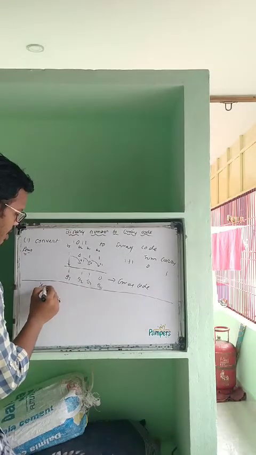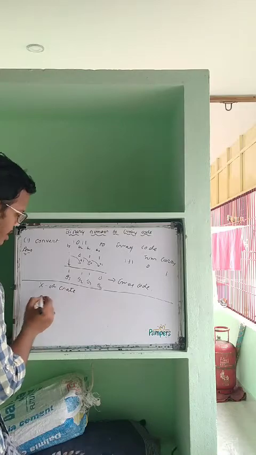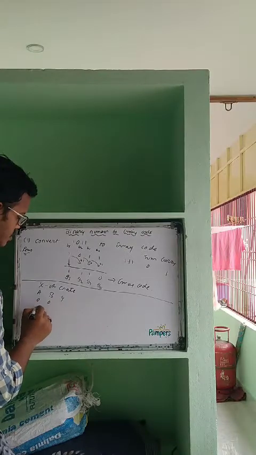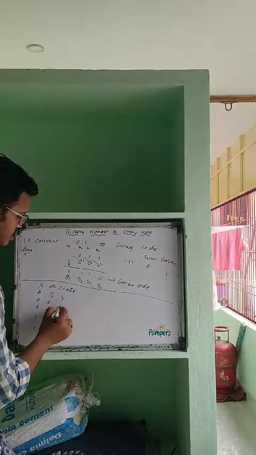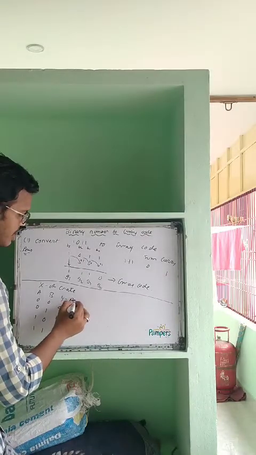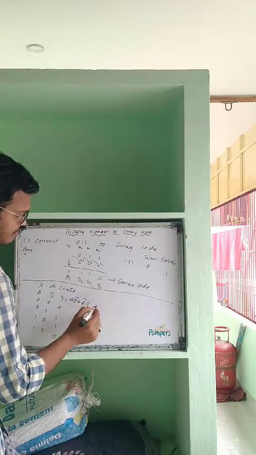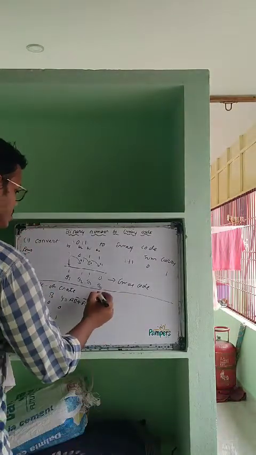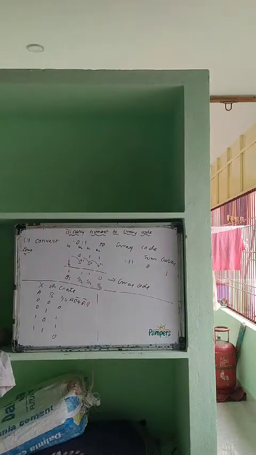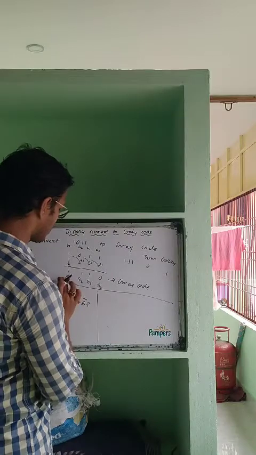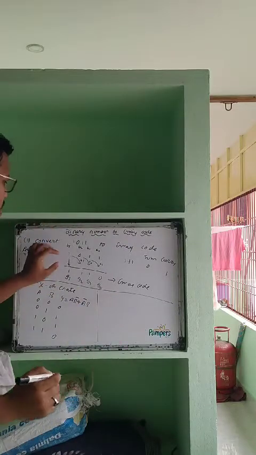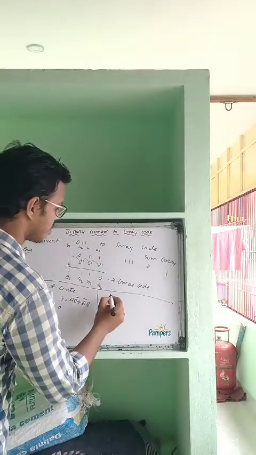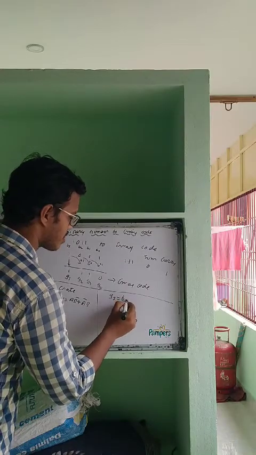The XOR gate tabular form is 00 gives 0, 01 gives 1, 10 gives 1, 11 gives 0. It is A XOR B. We are recording the MSB B3 as it is, that means G3 is equal to B3.